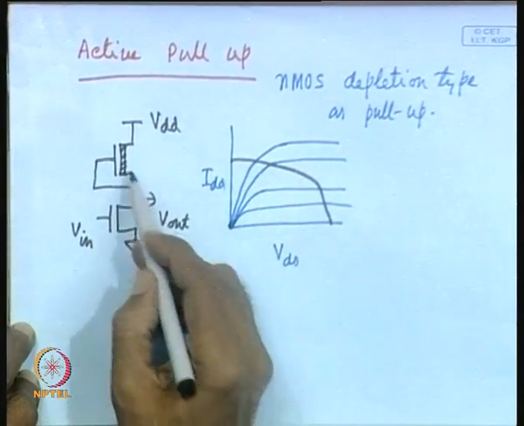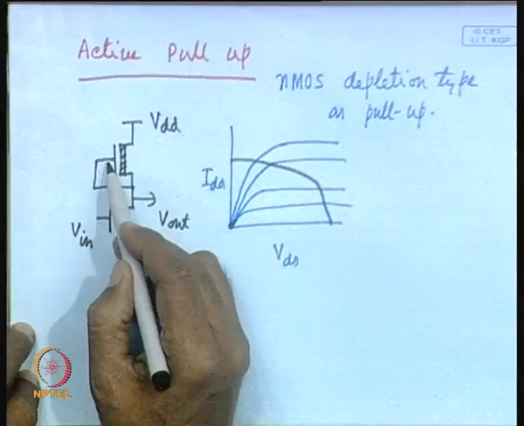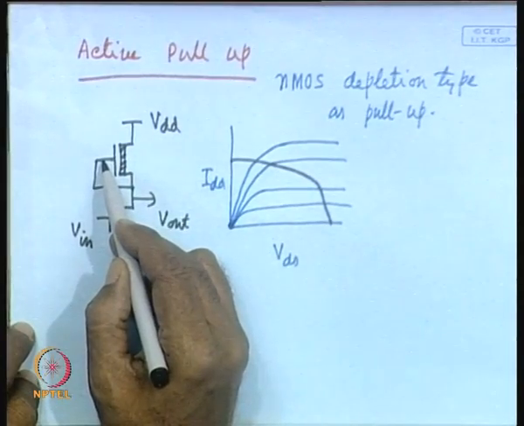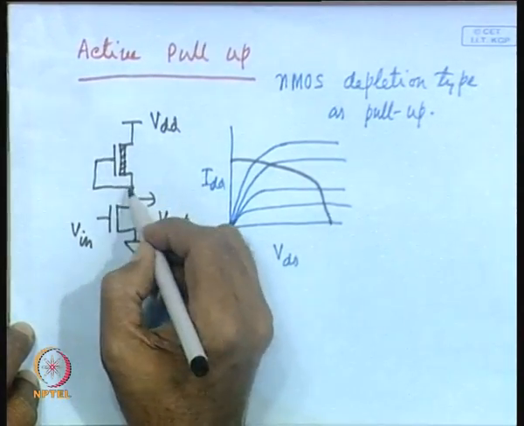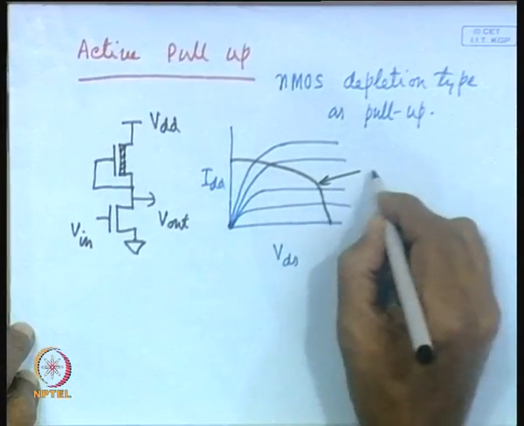So, this is the curve for the pull-up transistor corresponding to VGS equal to 0. Here gate is connected to the source.